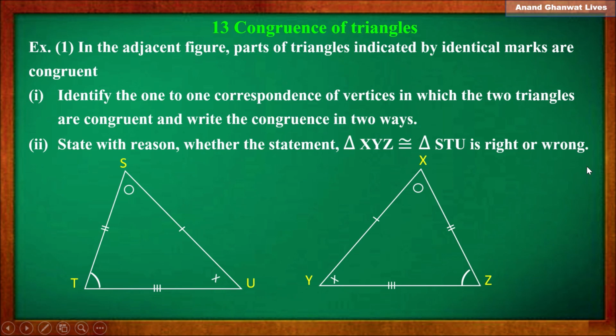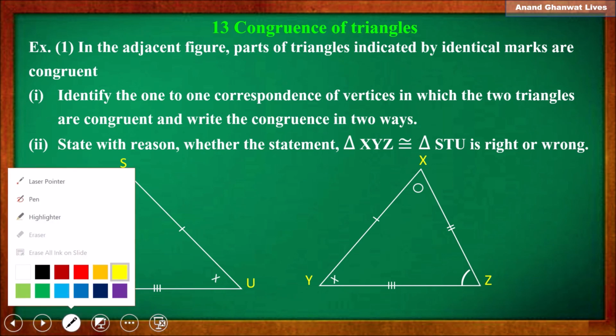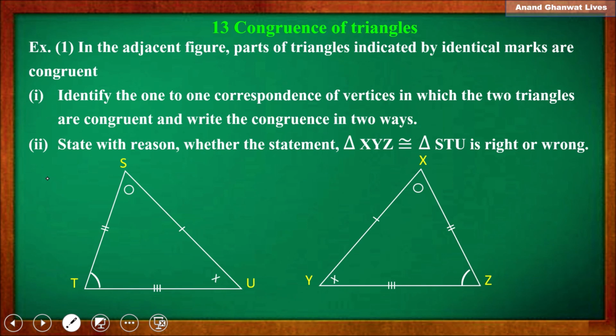Okay. Now observe here. You have to write the one-to-one correspondence of congruence. STU, the answer of the first, STU is one-to-one correspondence. Now observe that angle S is congruent with angle X. Therefore, points S and X have one-to-one correspondence.